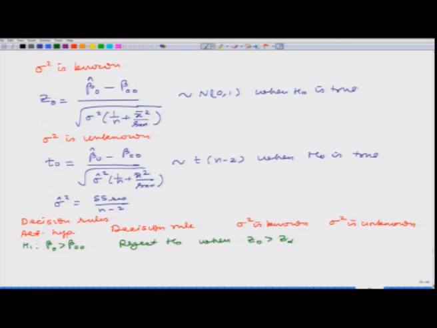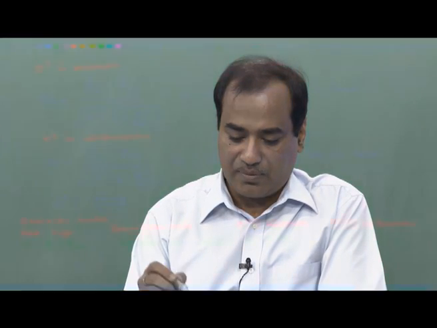And if sigma square is unknown, then the decision rule is to reject H naught when T0 is greater than T alpha, n minus 2, where T alpha, n minus 2 is the alpha percent point of the t distribution with n minus 2 degrees of freedom.